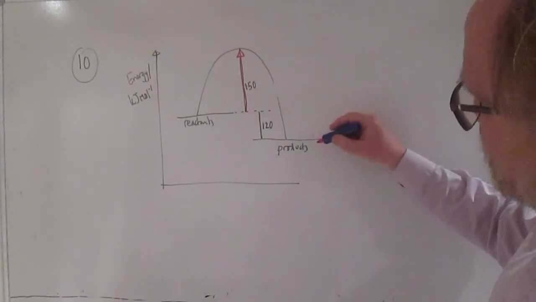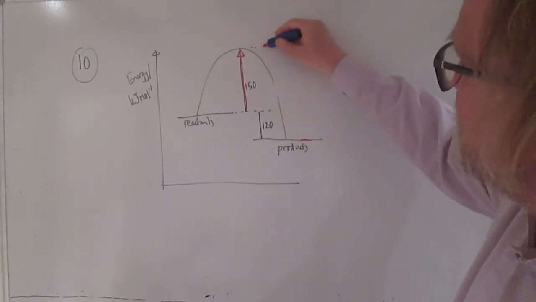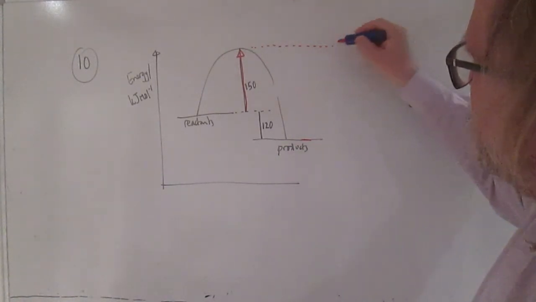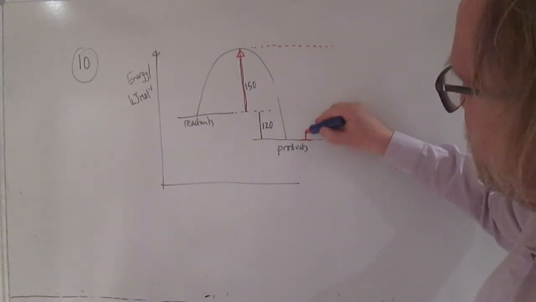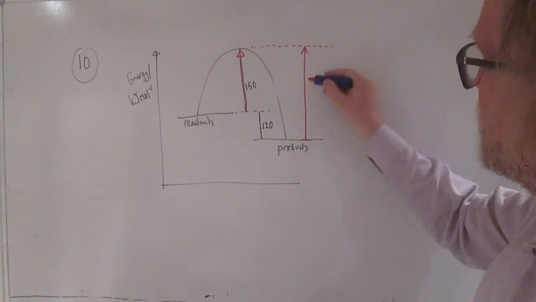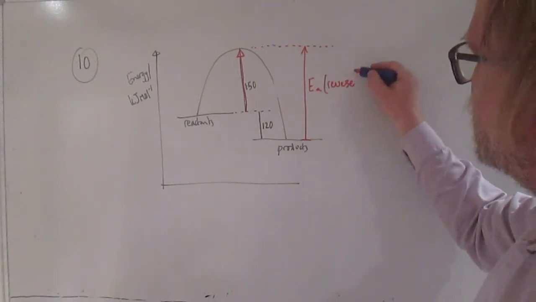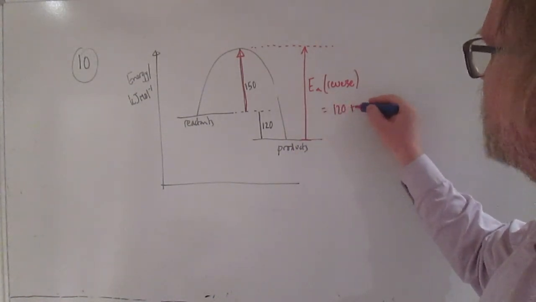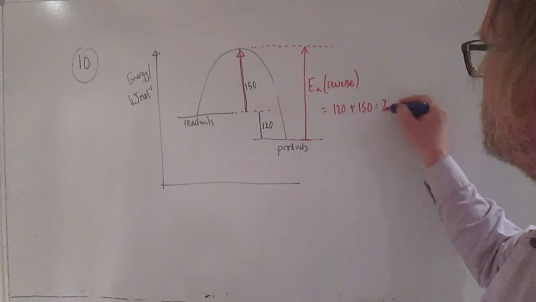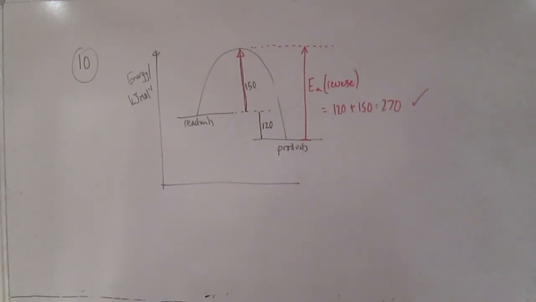So for the reverse reaction, that would be starting with the product and going to the top of the same hill, remember. That's the key thing. When you have a reversible reaction, the top of the hill is the same. So that is the activation energy for the reverse reaction, and you can see that that's equal to 120 plus 150, which is 270. So that's correct, and therefore B is the right answer.